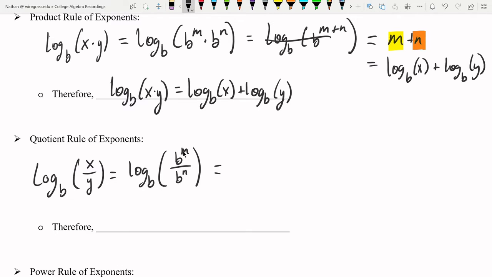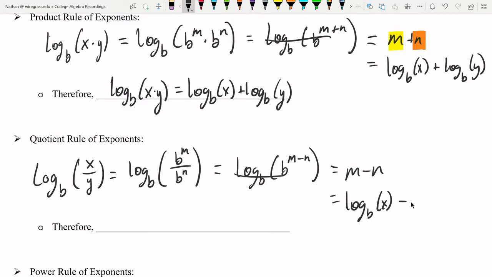I can combine this into one thing by subtracting the exponents. And then once again, log base b of b, we get m minus n, which is log base b of x minus log base b of y.